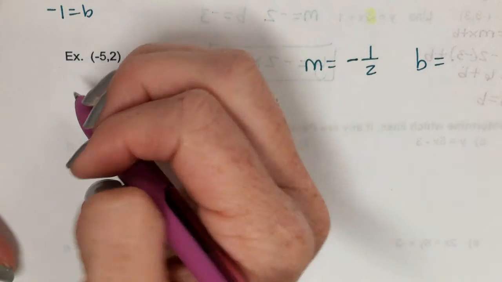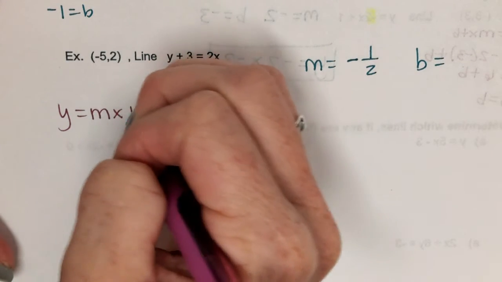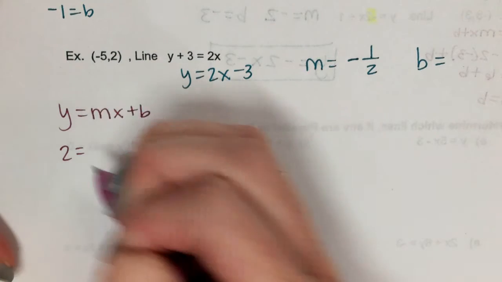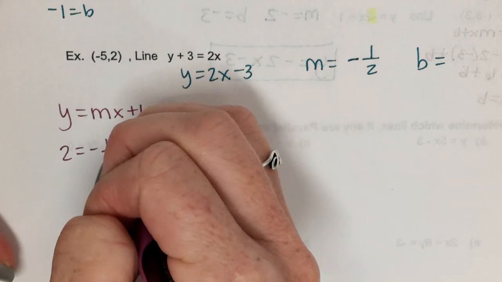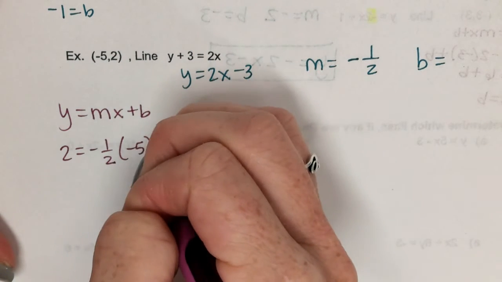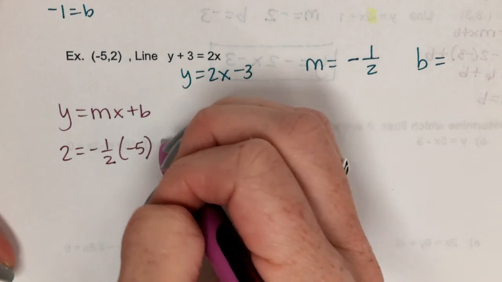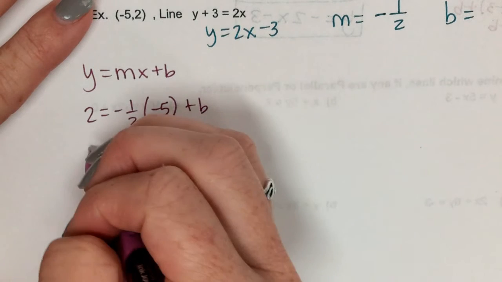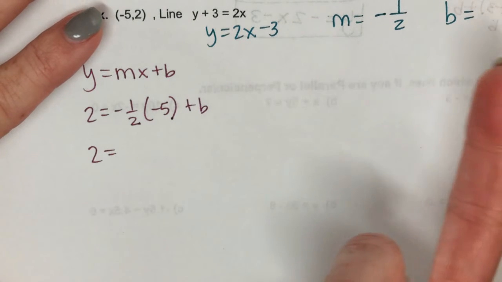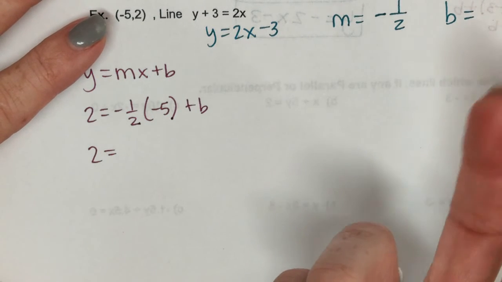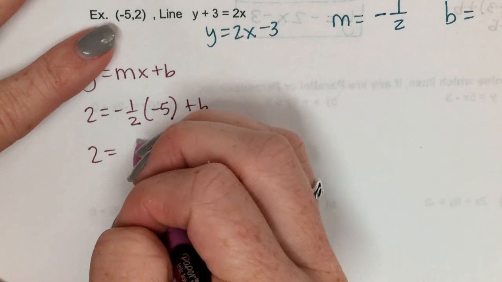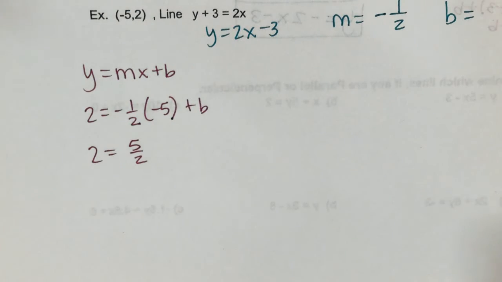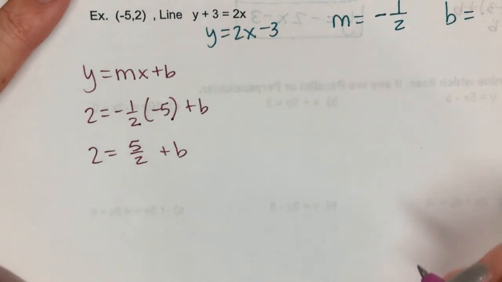All right, so I'm going to write y equals mx plus b. I'm going to plug in 2 for y, negative 1/2 for m, negative 5 for x, and I'm looking for the b. So I have 2 equals, and negative times a negative is a positive, and I can multiply straight across and get 5/2, or you could put 2.5, same thing, plus b.